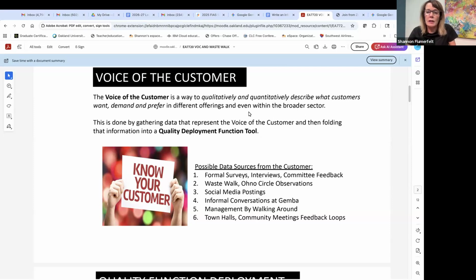What we want to do is use that data to figure out, based on your credo of customers, where you prioritized your stakeholder map and you figured out who your top tier customers are, who your second level customers are, and your third level customers. So we want to, again, really understand what that top tier customer wants, and then go ahead and tend to the other levels as appropriate.